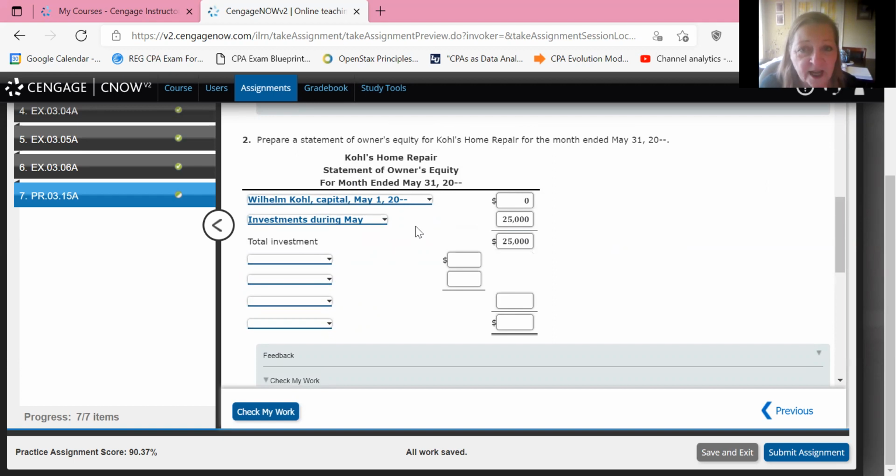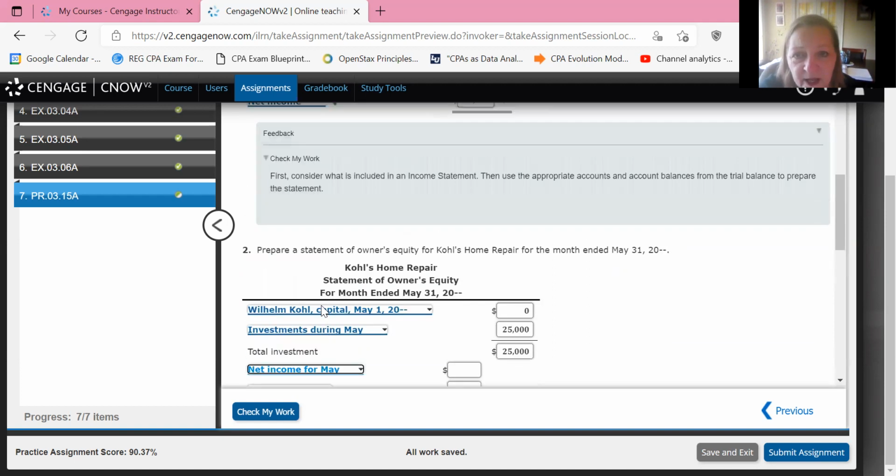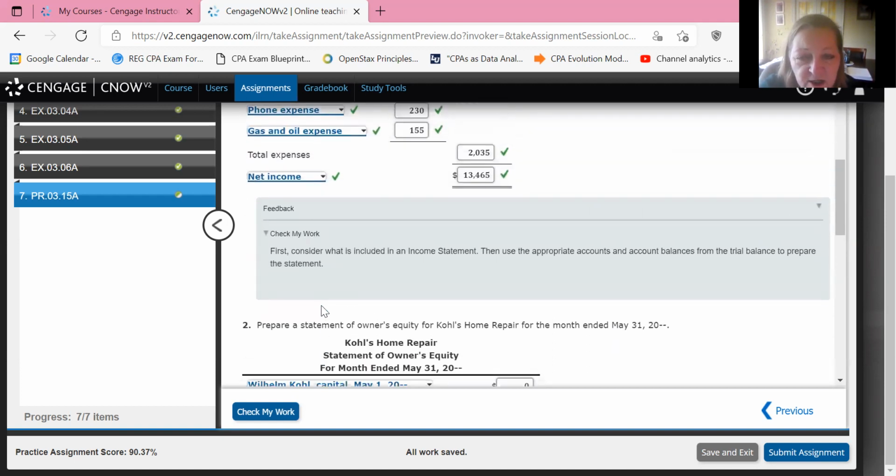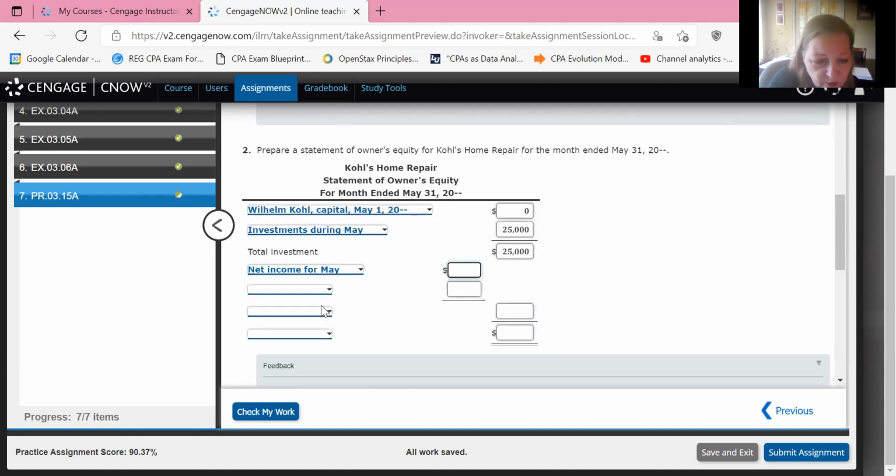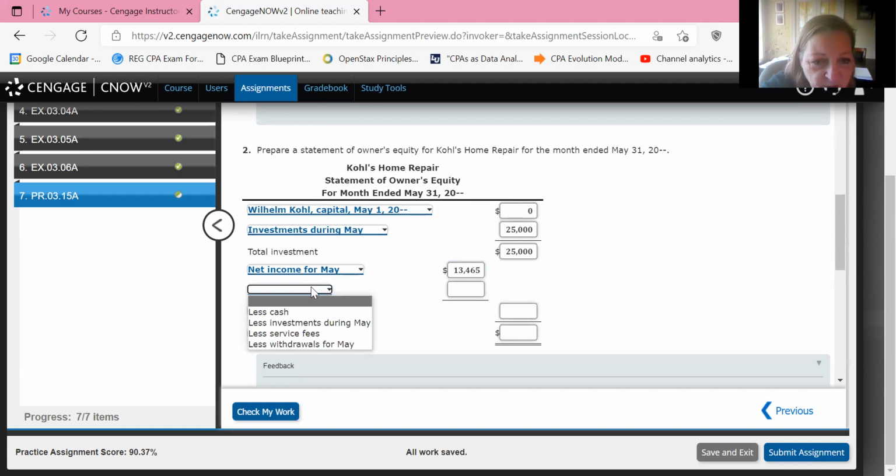So from that, we take that as the beginning place of here's how much the equity is before we start talking about net income and drawings. We add the net income. The net income for May, we just calculated, 13,465. We got it on our income statement. Then the drawings, we're going to reduce by the amount of the drawings, also known as withdrawals.